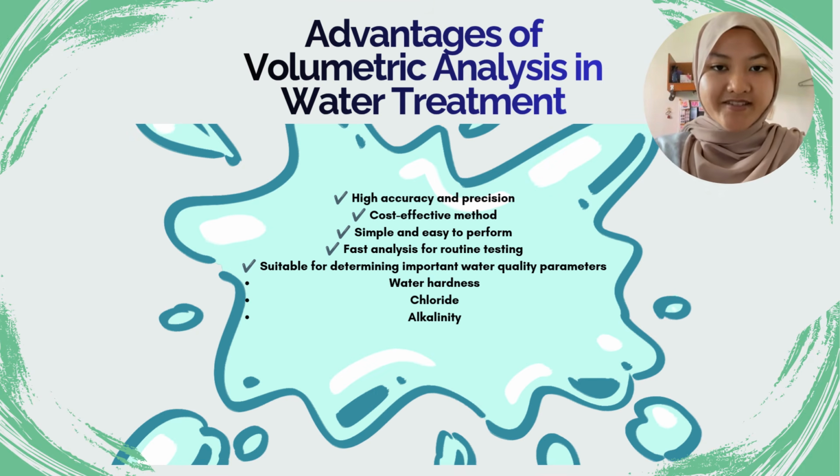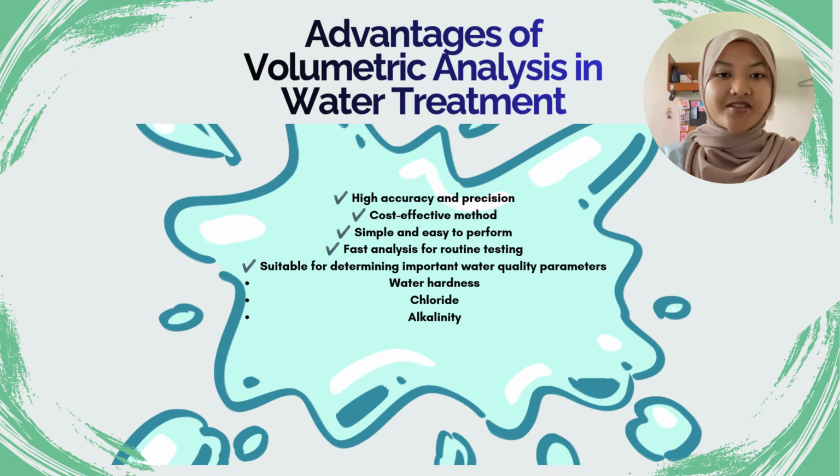Volumetric analysis offers several advantages in water treatment. It is a highly accurate and precise analytical method because it measures the exact volume of a standard solution required to react completely with the analyte. The technique is also cost-effective since it only requires basic laboratory equipment such as burettes, pipettes, and standard solutions, making it affordable for routine analysis.